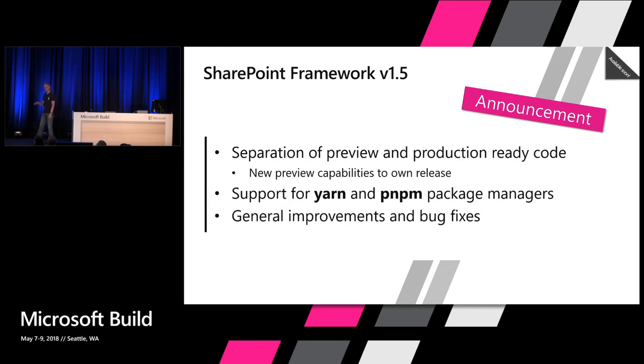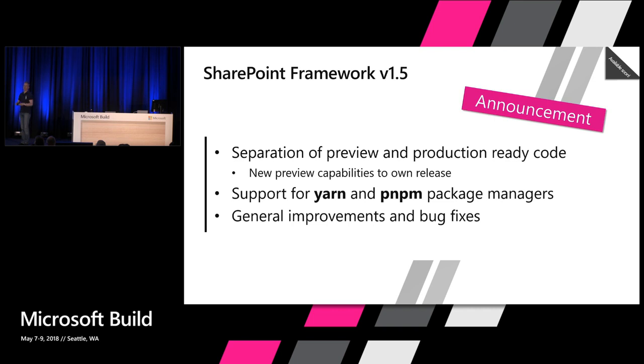But in SharePoint Framework 1.5, we actually concentrate more on general improvements and bug fixing and certain other really fundamental things in SharePoint. So starting from 1.5, we will separate what is preview code and experimental code from what is actually ready for production.